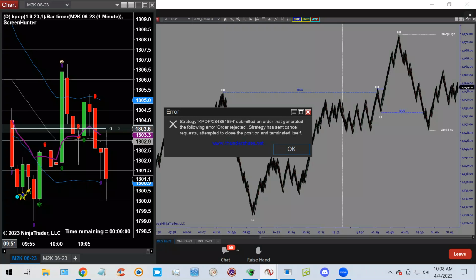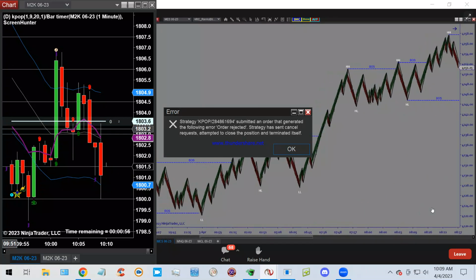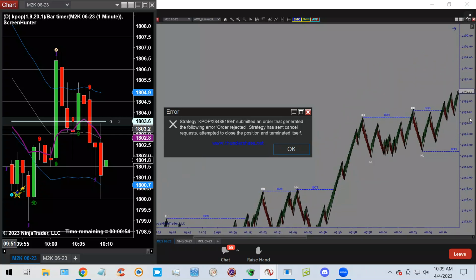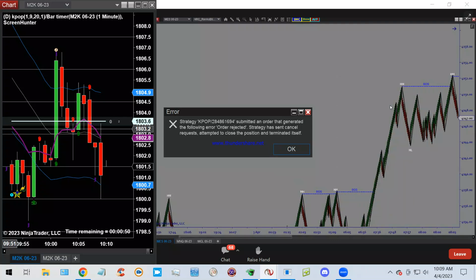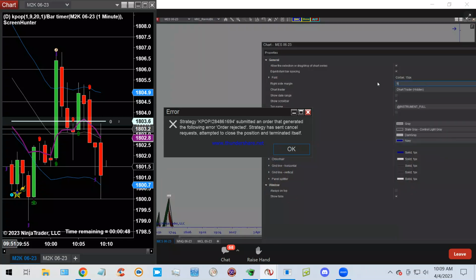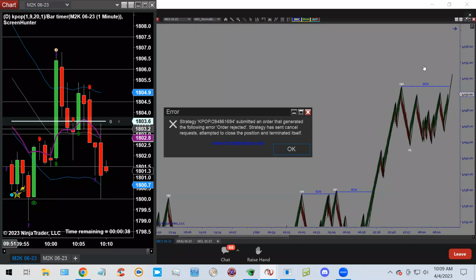A great example of a concept that I think I'm going to have to spend some time on in a strategy class with everybody: if I'm looking at a boss break, you see it? Boom, boom, boom, boom, break the boss. A lot of traders would get excited. They'd be like, okay, I have a boss break.